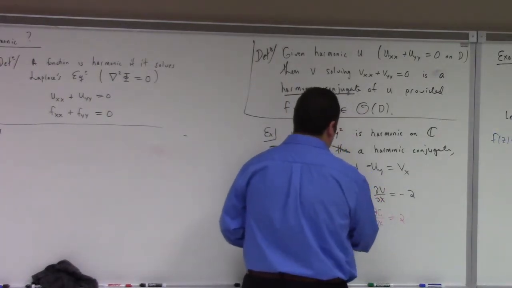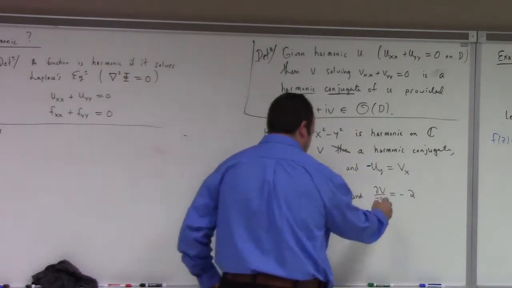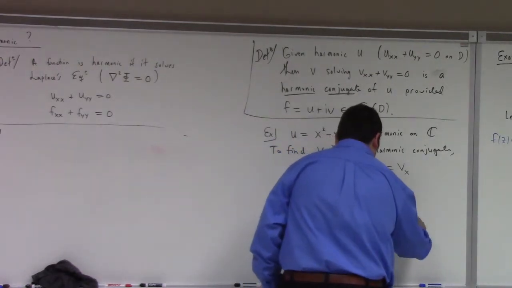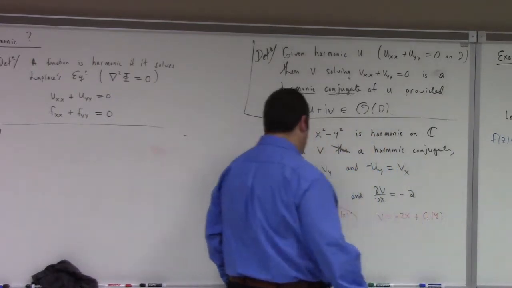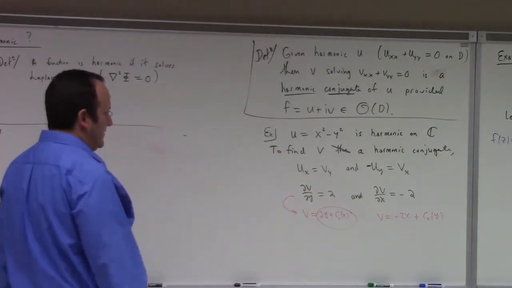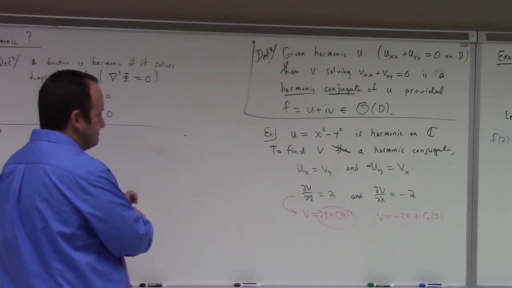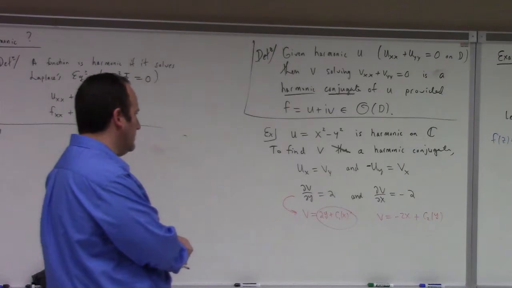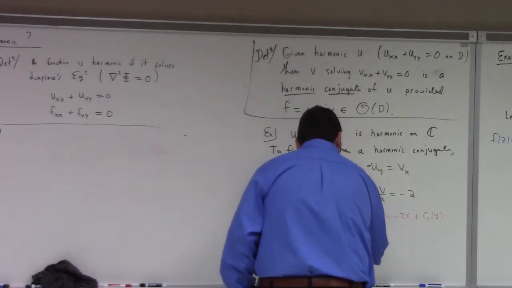I could just integrate both and look at them and play the matching game. This says v is equal to what? Minus 2x plus c2, which is possibly some function of y. So if you tilt your head and squint, you can see that v should be what? Yeah, so you said v is equal to 2y minus 2x.